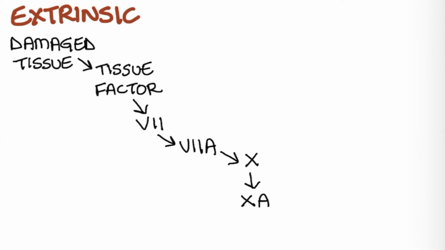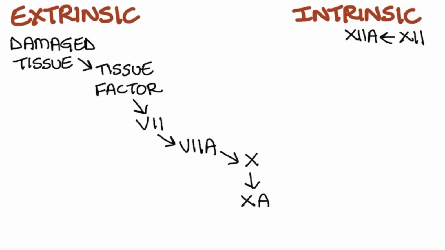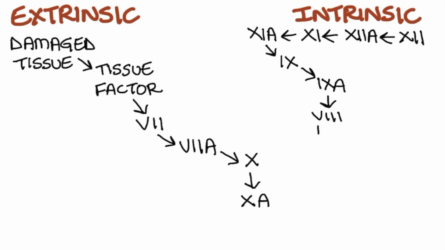On the other hand, the intrinsic pathway is activated by factors already present within the blood. The sequence is factor 12, 12A, factor 11, 11A, then factor 9, 9A, factor 8, 8A, and factor 10. The activated factor 10 produced here is also 10A. Hence, we can see that both pathways have converged.